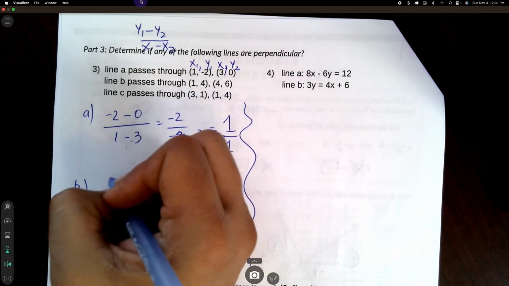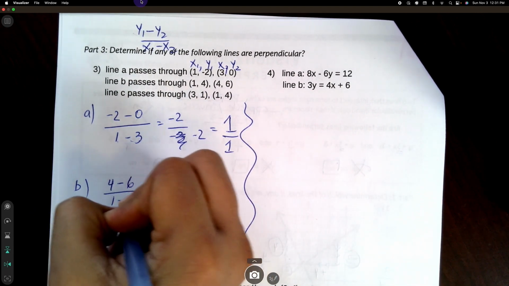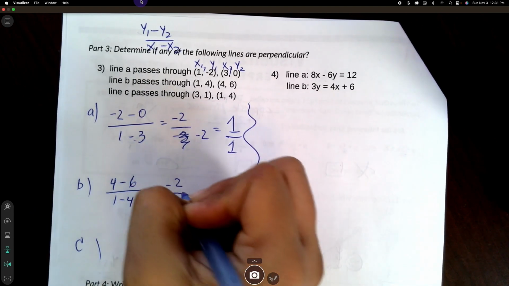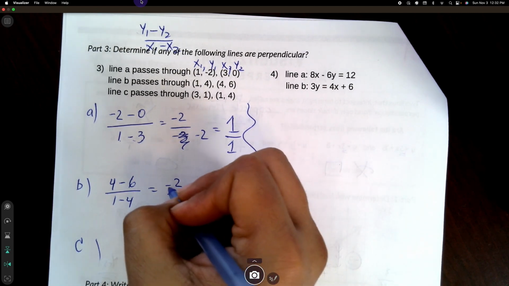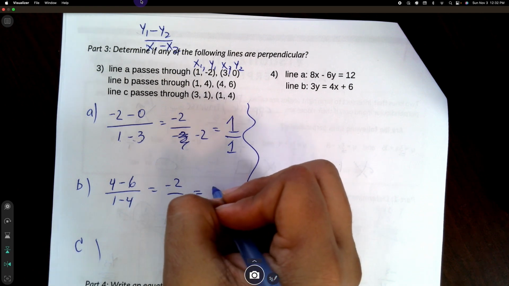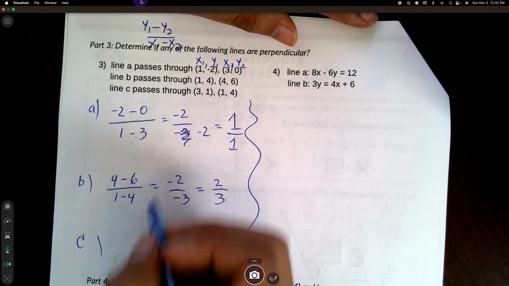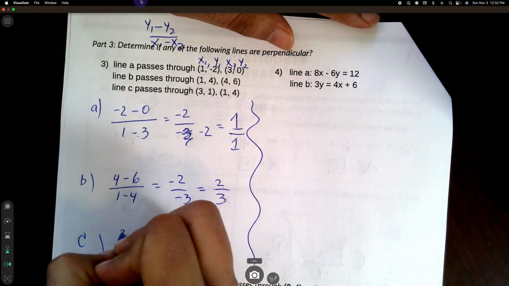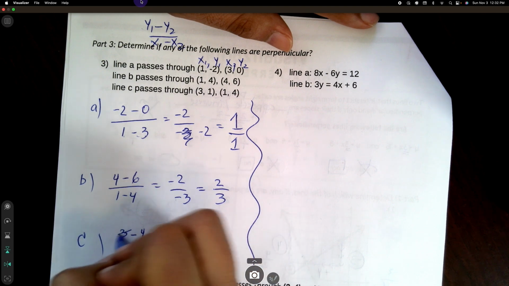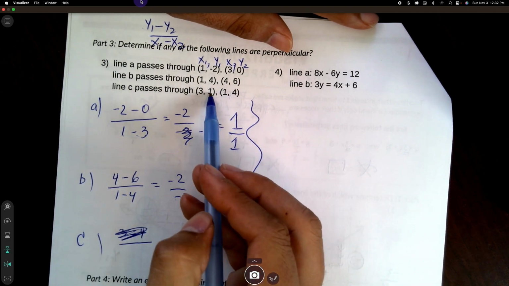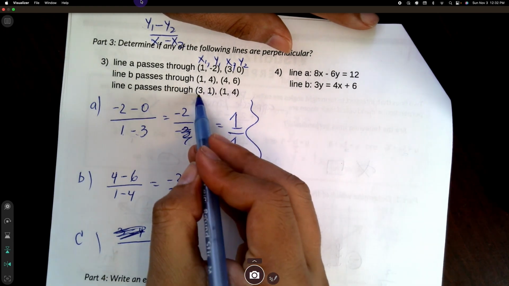Let's see, B. 4 minus 6. 1 minus 4. Negative 2 over negative 3. This is just minus over negative is positive, so this is just 2 over 3. Okay, so nothing perpendicular so far. Let's do the one more. So 3 minus 4 over, sorry, 1 minus 4. 3 minus 1.